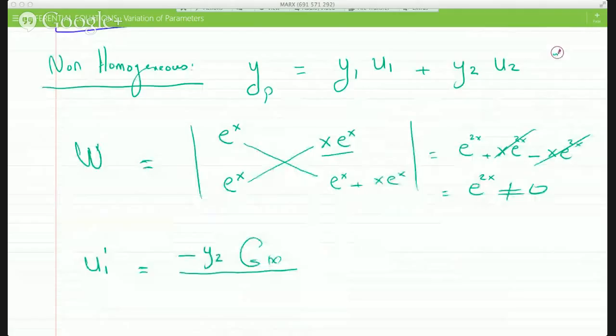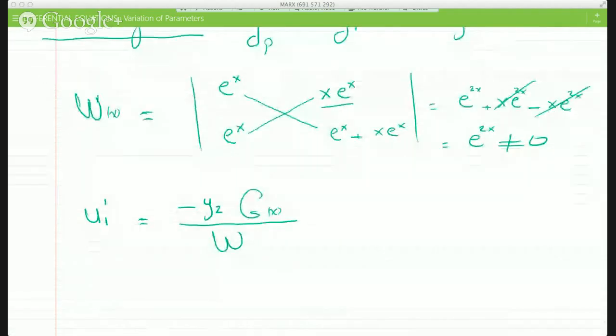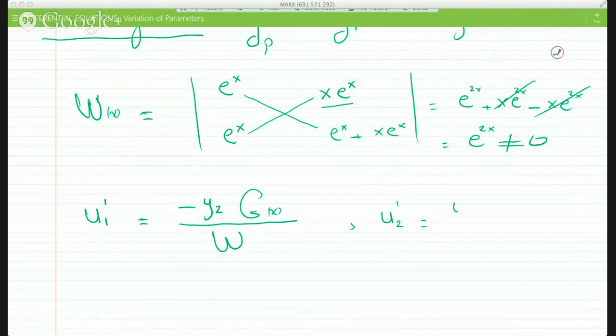Over the Wronskian, which is a function of x, of course. And u prime 2 is equal to y1, same, but instead of y2, y1, and there's no negative sign. So g of x over the Wronskian. And now we can just plug them in, integrate each one, find u1 and u2, and that would be multiplied by y1 and y2, and that would be the answer.